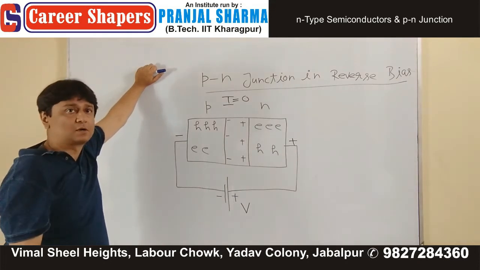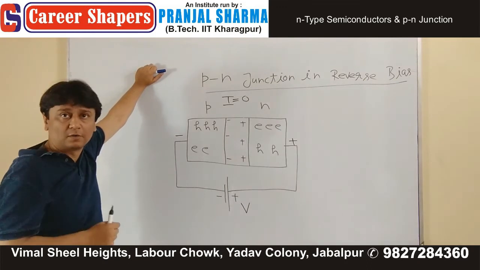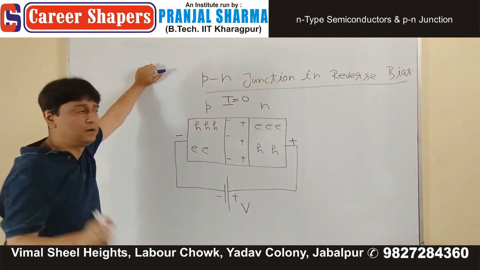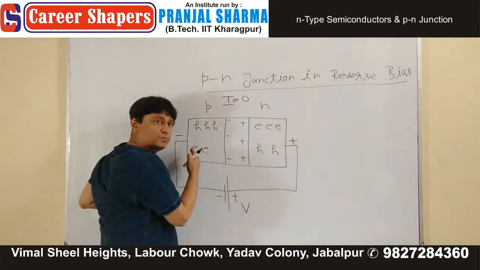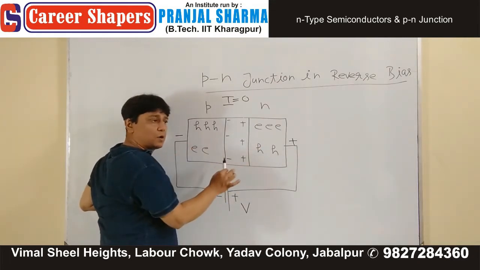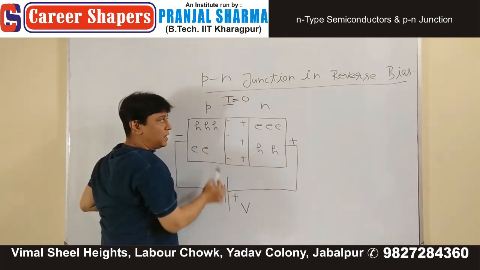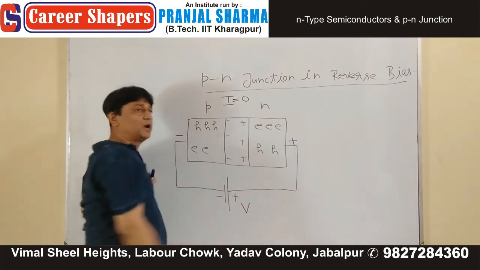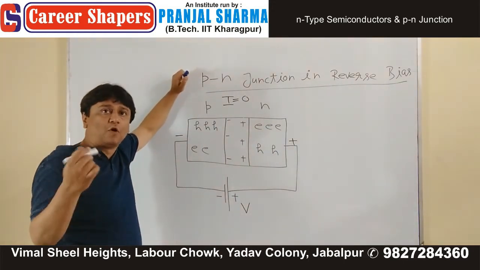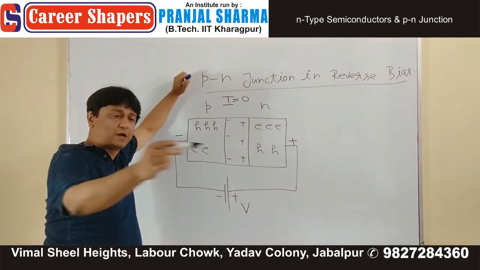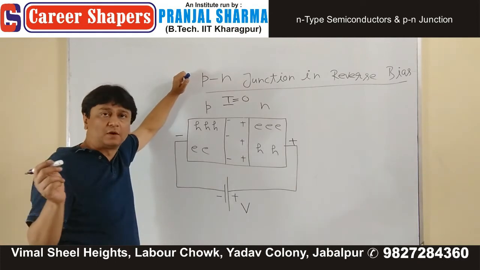This is what PN junction is good for. Stopping current in this direction in reverse mode. It can allow current only in one direction, that is in the forward direction. In reverse, current becomes what? Zero. So it behaves as a valve. Flow can take place only in one direction. Flow cannot take place in the other direction.